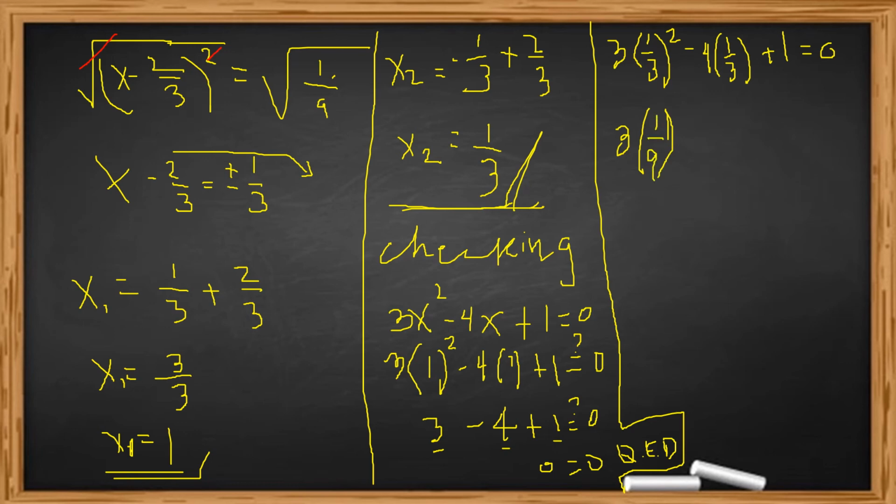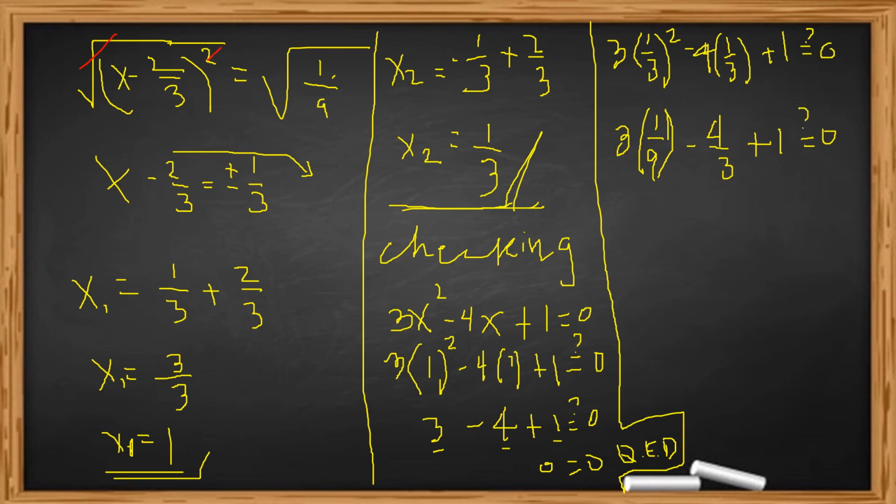So the denominator is 9. Minus 4 times 1/3. You just multiply 4 with the numerator, so that's 4 over 3, plus 1 equals 0. Still a question mark.